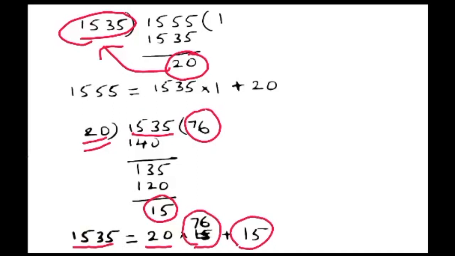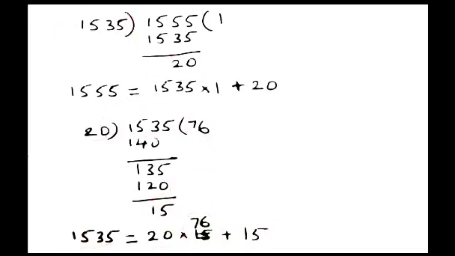Now, in the next step, we have to divide this divisor by the remainder 15. That is, divisor 20 should be divided by the remainder 15.